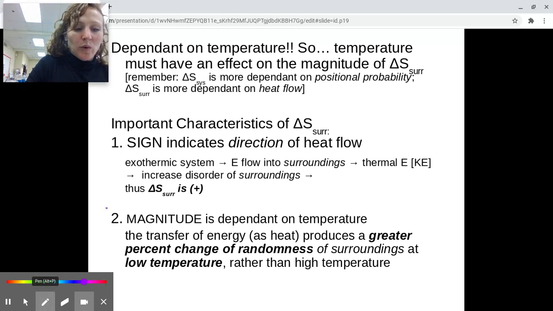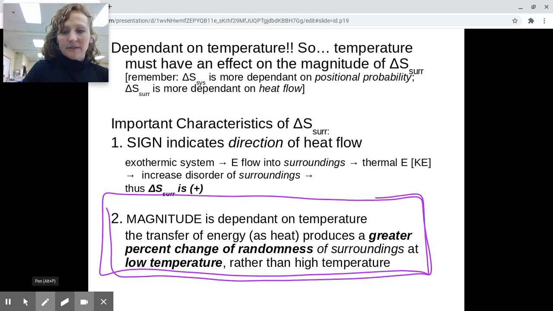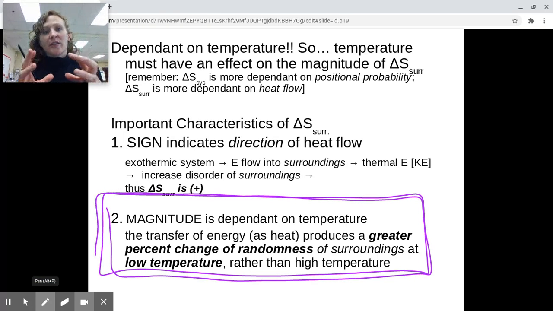If you need that in words, it's down here, by the way. Again, think of transfer of heat as a bundle of energy. And if that bundle of energy transfers into a low energy system, the degree or the percentage of change is going to be bigger than if that same bundle of energy gets input into a high temperature system.